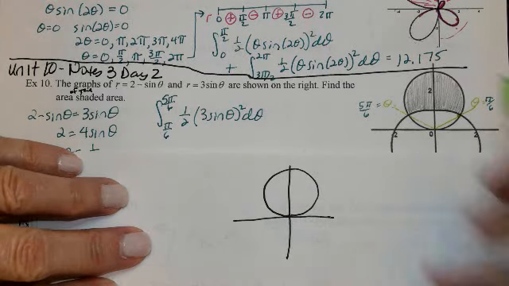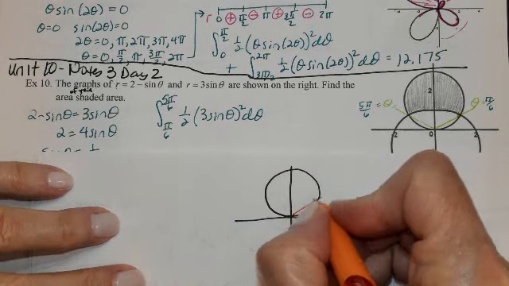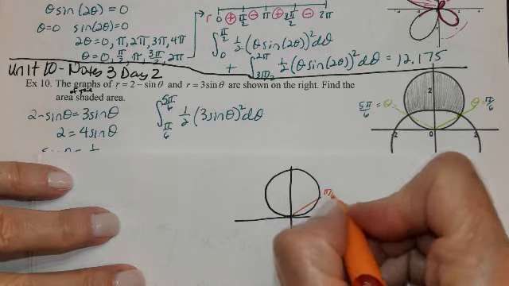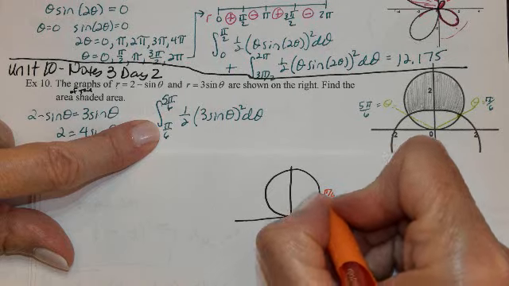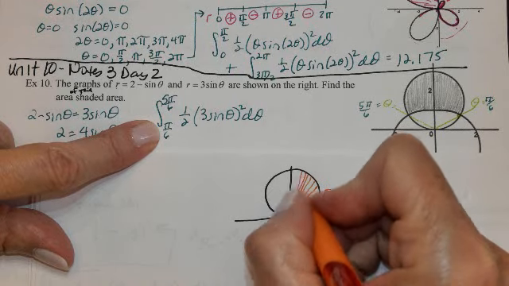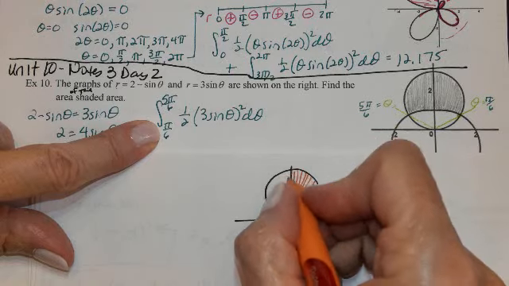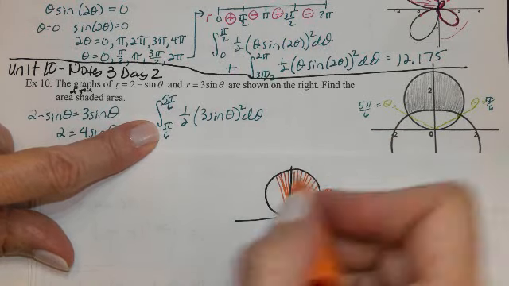Okay? So that would give me, let me switch colors here, that green is a little light. That would give me, I would start at pi over 6, so I'm starting at pi over 6, and I'd be finding all of these sectors all the way to 5 pi over 6.